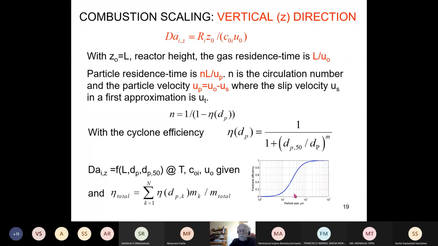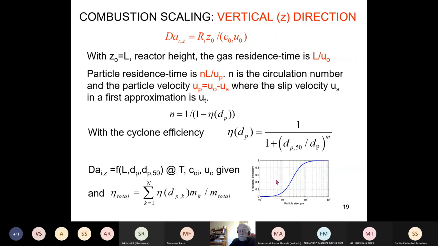And for cyclones of different efficiency, the cut size is different. So if you design a very efficient cyclone, this curve is displaced towards the smaller sizes. If the cyclone is inefficient, the curve is displaced towards larger sizes like this.